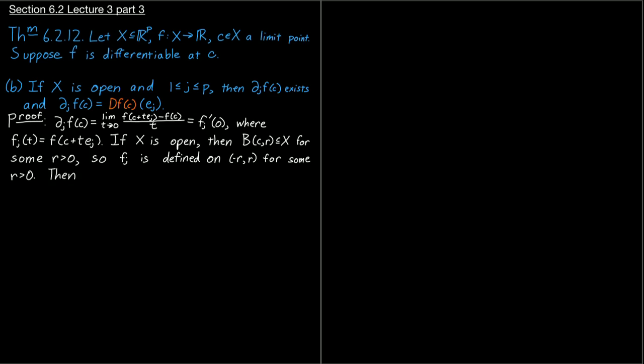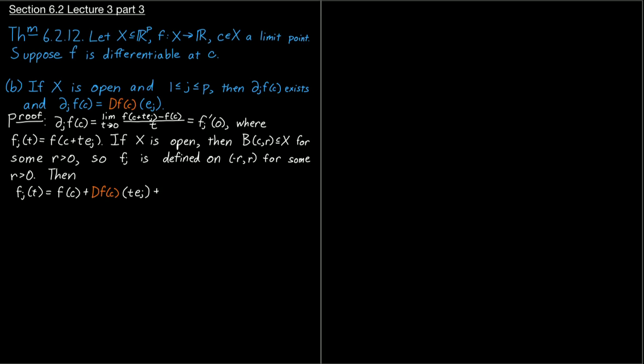Then let's just write this out. fj of t, that's f of c plus df of c of, what do we have to plug in? We have to plug our input in, c plus tej at tej.